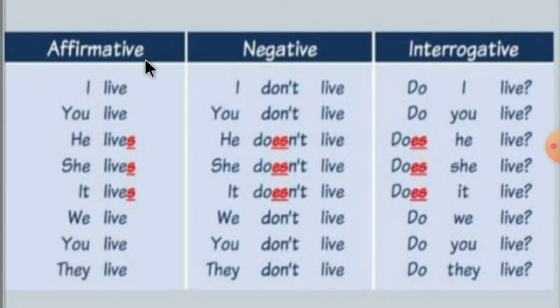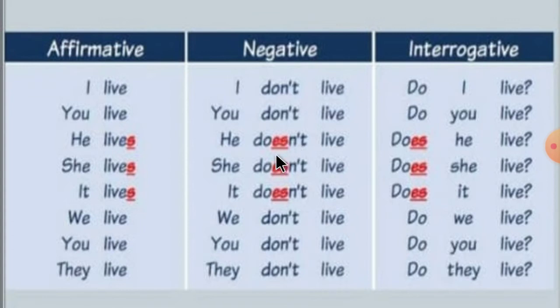Affirmative means positive, negative and interrogative. So my dear students, where you need to make changes, I have already written it in red color. That is only with he, she or it. He lives, she lives, it lives.